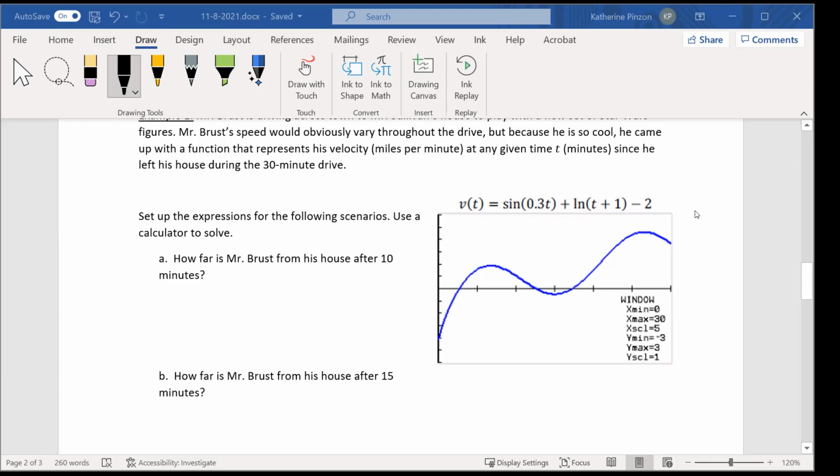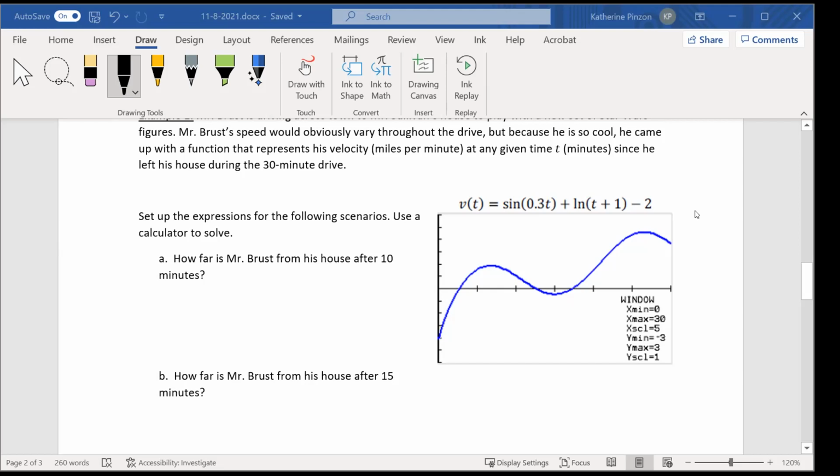It says set up the expressions for the following scenarios and then just use a calculator to solve. How far is Mr. Brust from his house after 10 minutes? If you want to get his position from his velocity, what do you have to do? Take the antiderivative, yes. If you want to find out how far he is after the first 10 minutes, what are your limits on your definite integral going to be? 0 to 10, right?